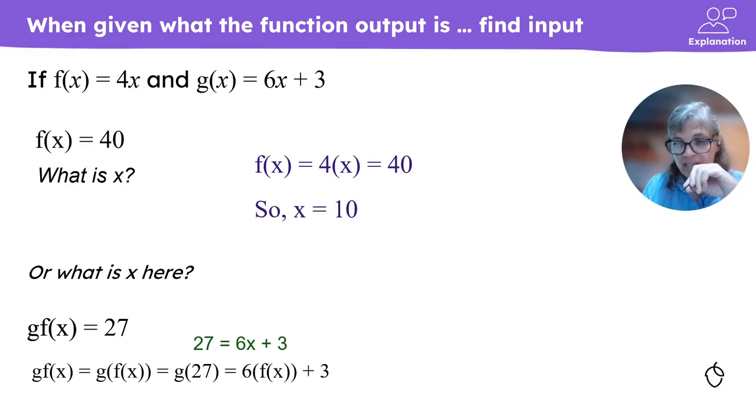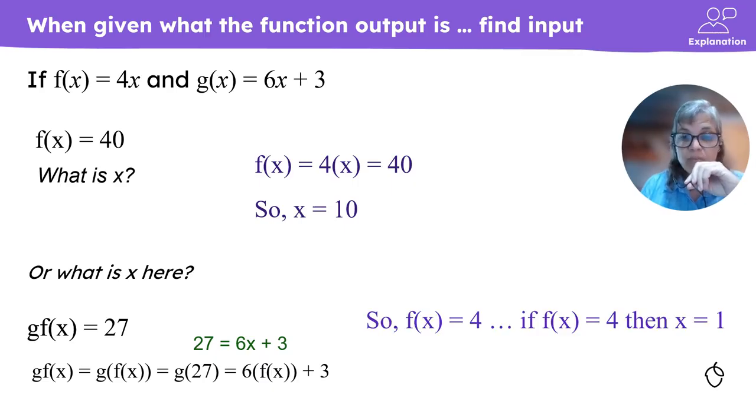Well, that's actually like an equation. 6 times something plus 3 gave me 27. So 27 minus 3 is 24. So 6x must equal 24. Oh, so f of x must be 4. And if f of x is 4, then x must be 1.